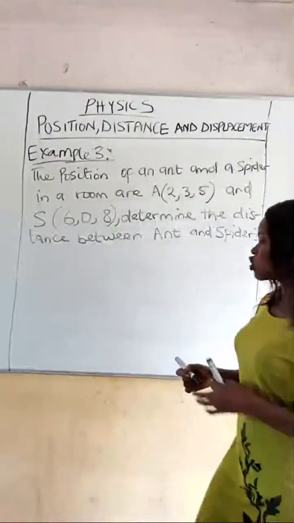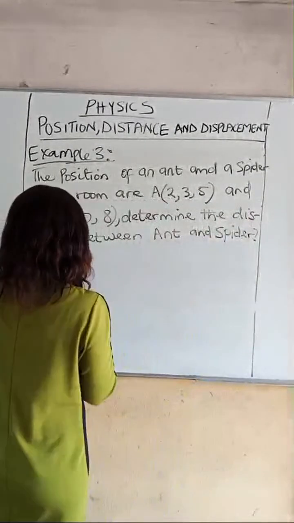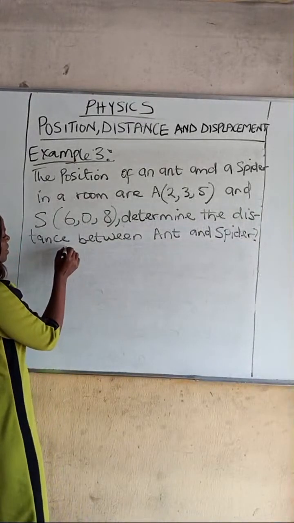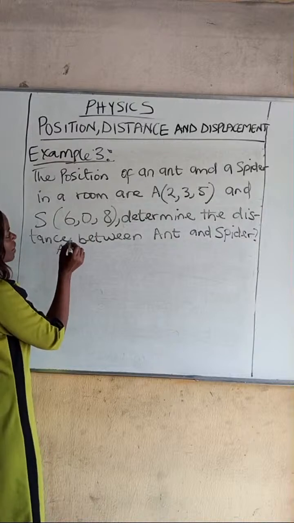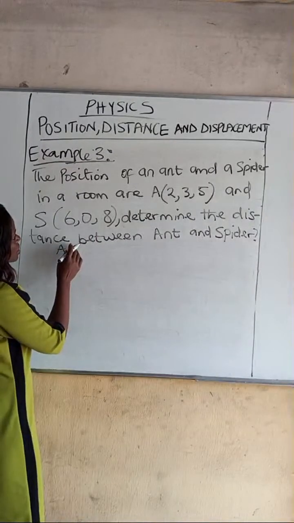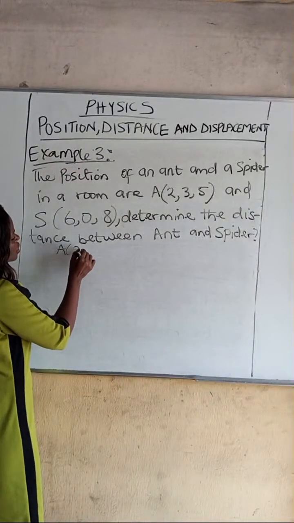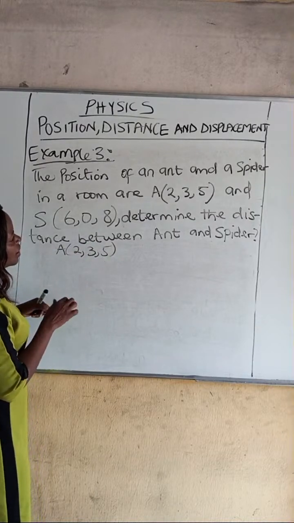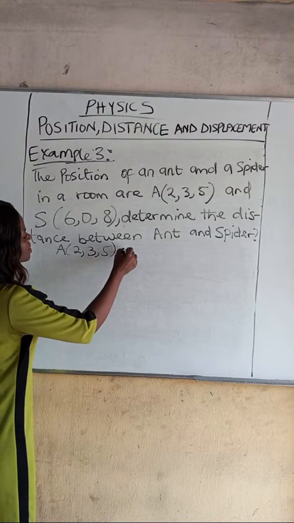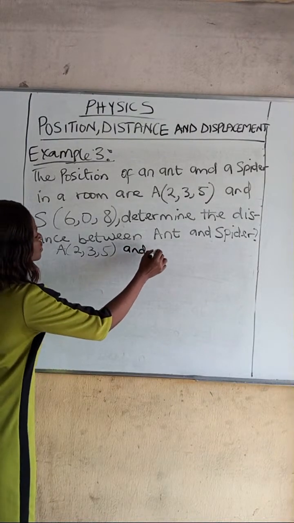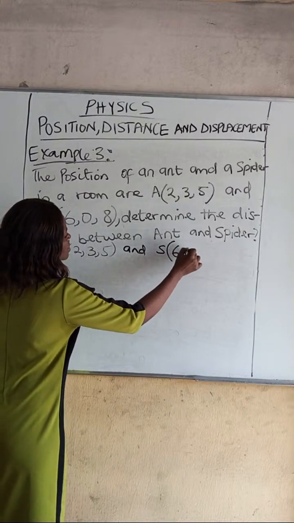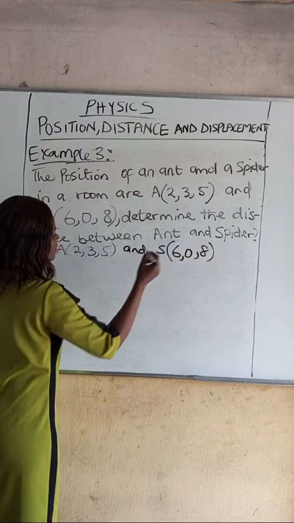Okay, so what I'm going to do is state it. The first value is 2, 3, 5, and the second value is 6, 0, 8.